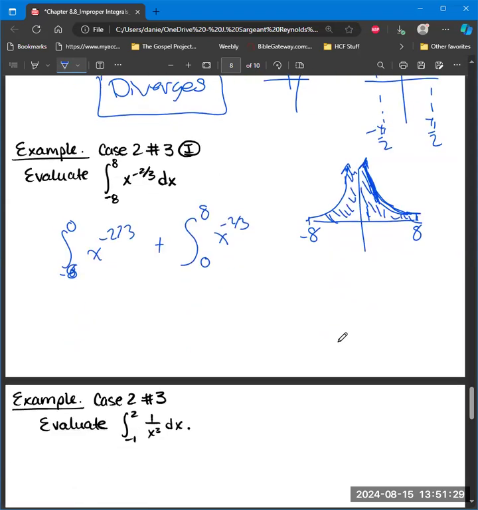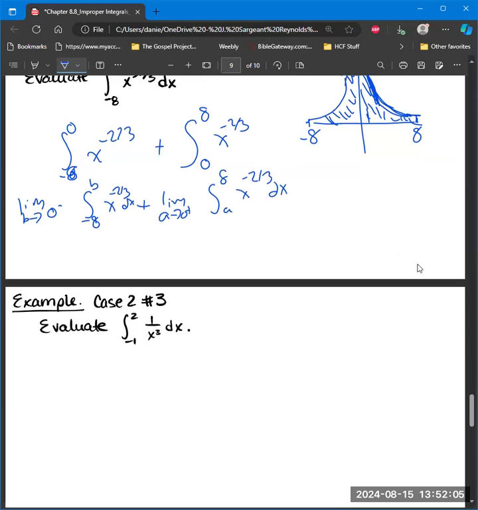So we need the limit as b approaches 0 from the left of the integral from -8 to b of x to the -2/3, plus the limit as a goes to 0 from the right of the integral from a to 8 of x to the -2/3 dx.